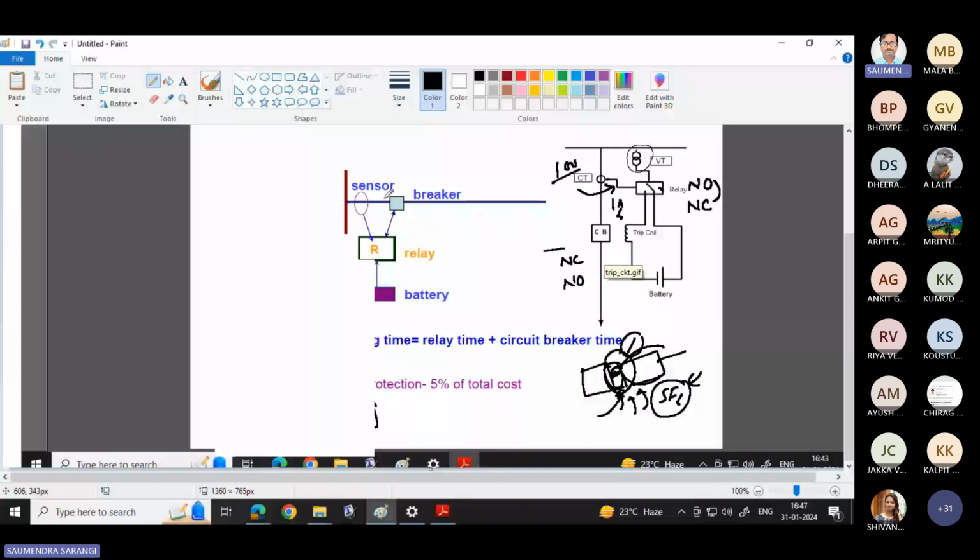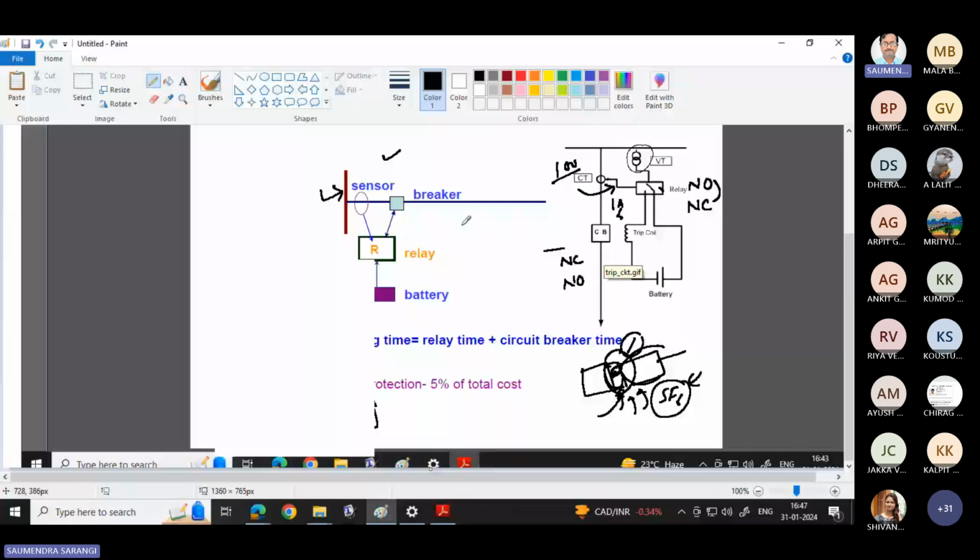Sometimes what happens, many times in our system, since the transmission lines are open to the environment, open to different types of disturbances, we see that many times we are having transients. If the relay detects the transient as a fault, then it will normally disconnect, and when it is disconnected we are not getting power.